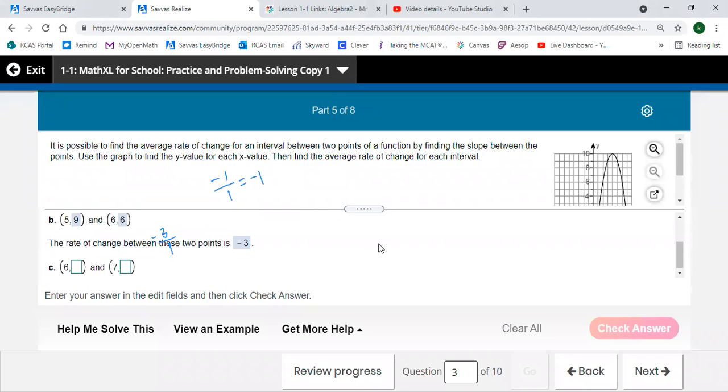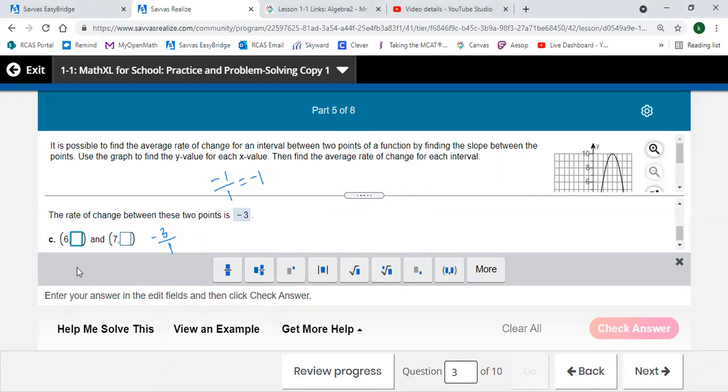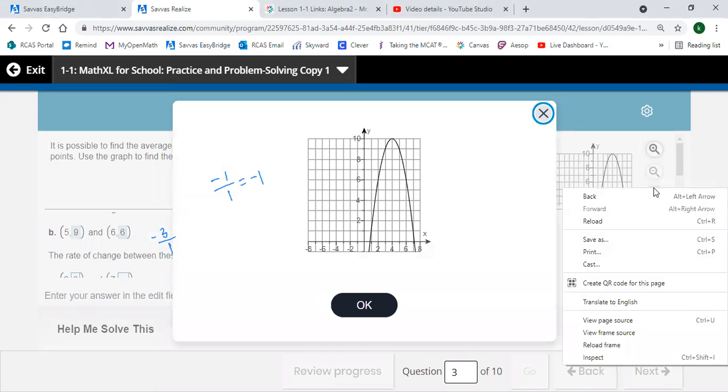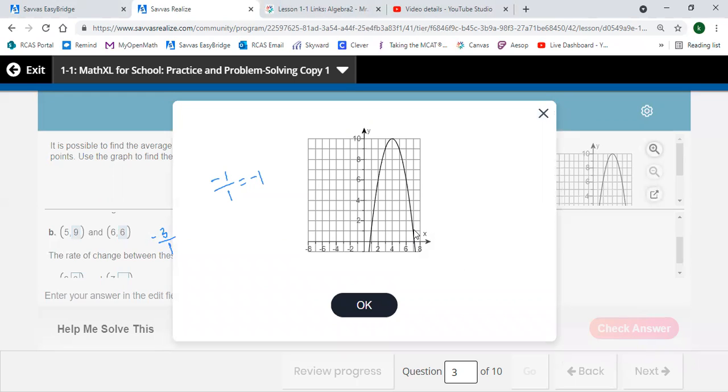All right. Halfway through. Now, 6 was at 6 again. So put that in. We already had that. But then back over here again at 7 now. Where is it? At 7, it looks like it's at 1. That's a little bit to the right of 0.